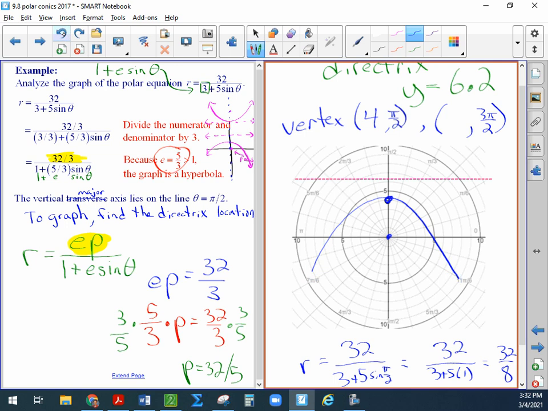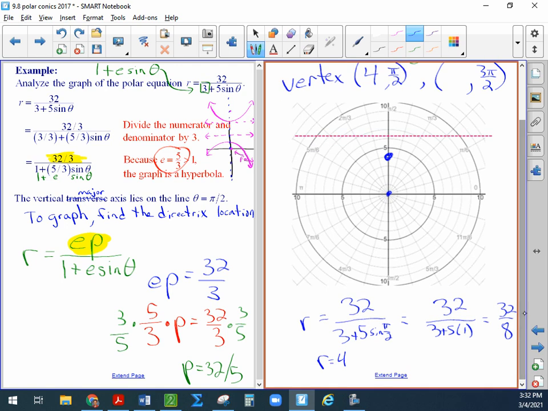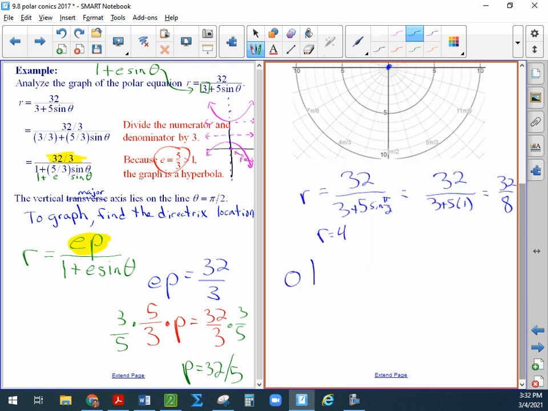So if I plug in 3 pi over 2, I'll get that other vertex. When I plug in sine of 3 pi over 2, I'm going to get negative 1.